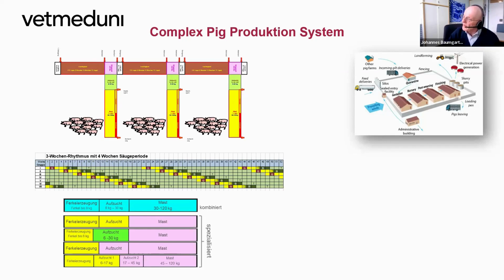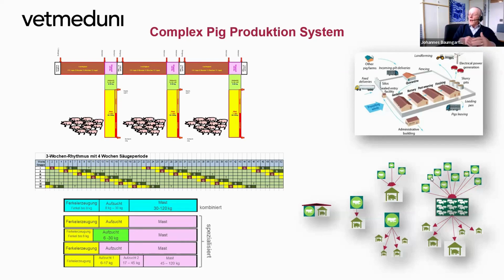And you have to organize how feed comes into your unit and how feces and slurry are removed from the unit, and how your animals are transported to the next unit or to the slaughterhouse. So this is the organization within a farm.